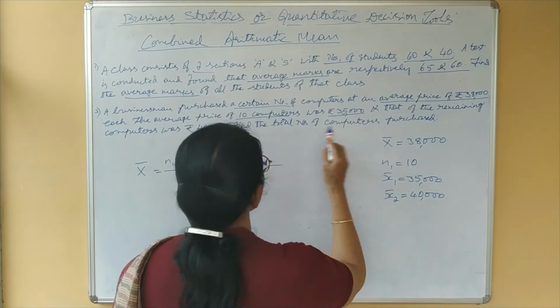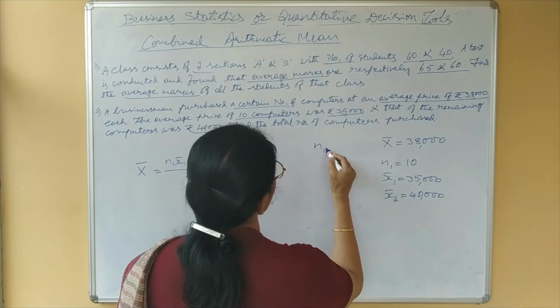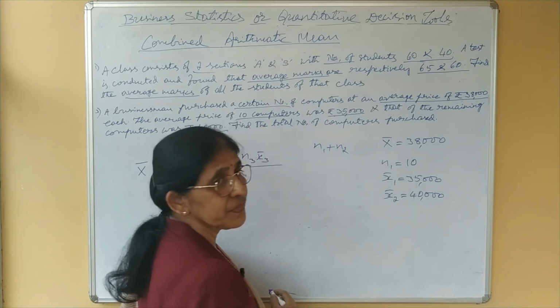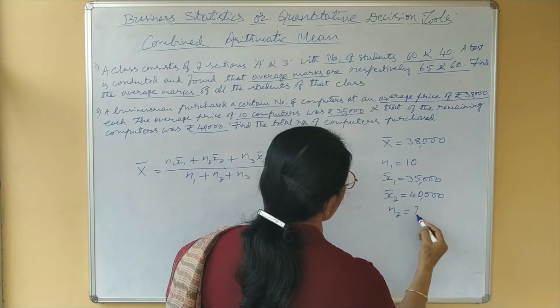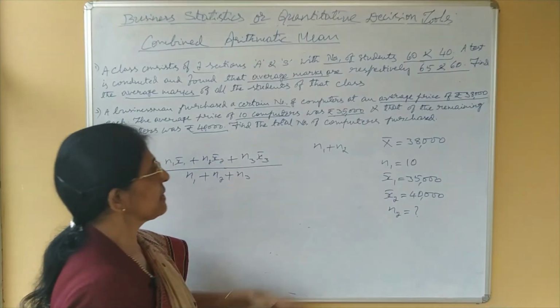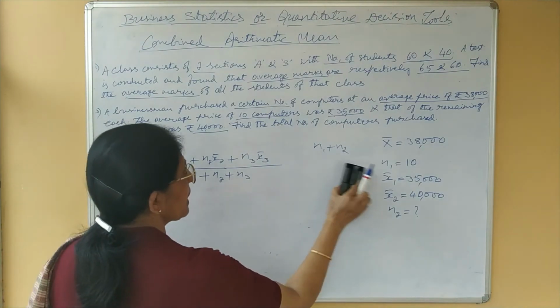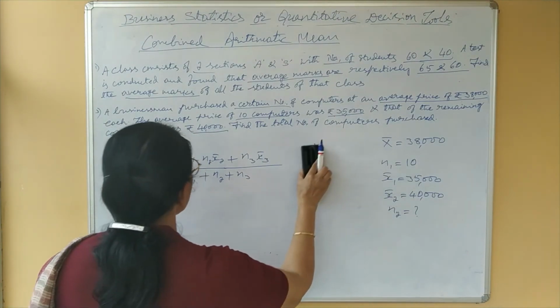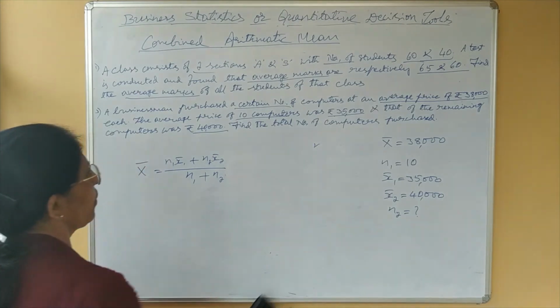To find the total number of computers, total number of computers is nothing but N1 plus N2. Here N1 is given, N2 is not given, that we have to find out. Here combined arithmetic mean is given. Here only 2 series are there. Therefore, you have to take the formula up to 2 only.